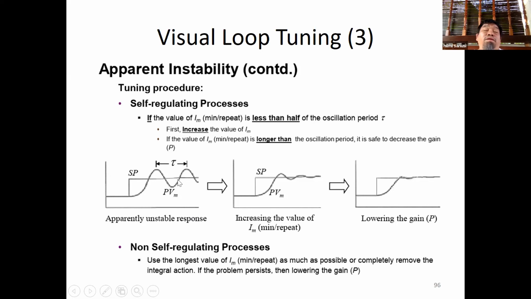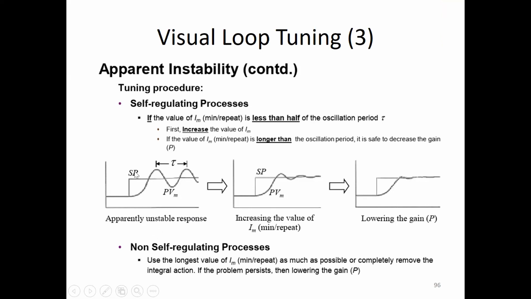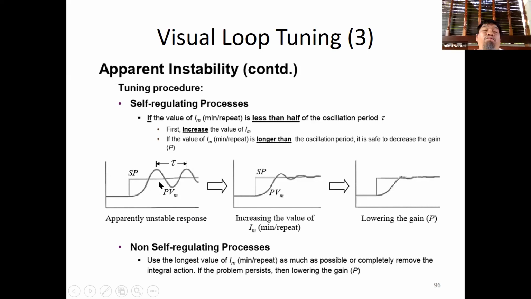Kalau dia unstable, kita tengok dia oscillation, dia punya oscillation period dia macam mana. And then one of the parameters should be reduced. So in this case, you reduce your I. Kalau macam ini, it is okay to increase I. This is you need to reduce I.